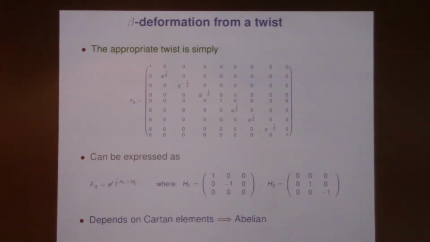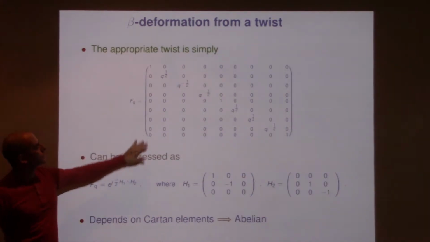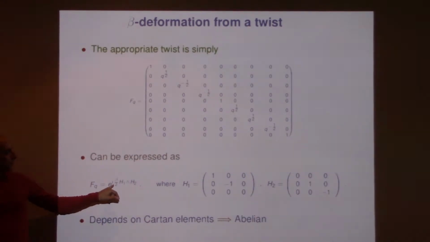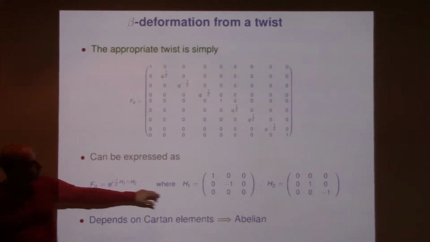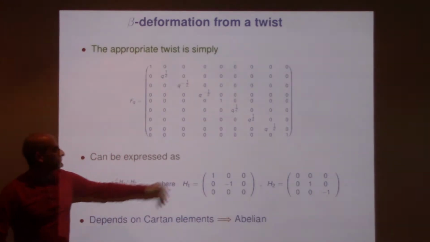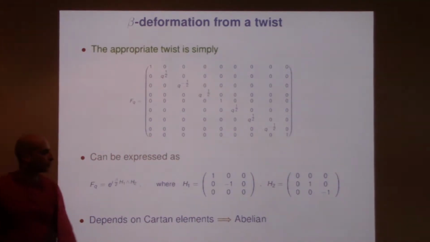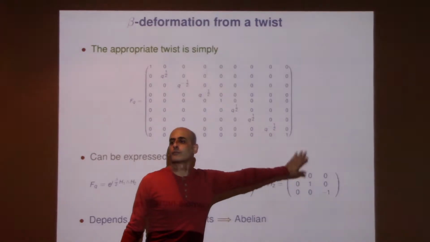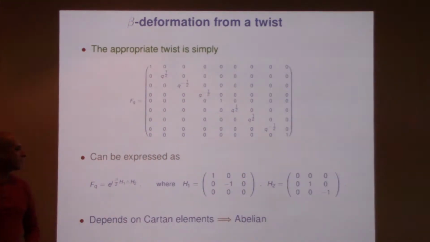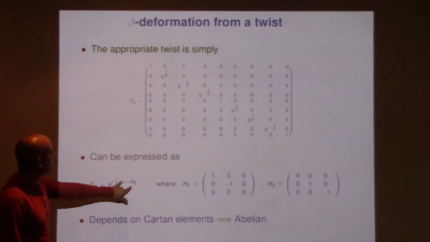And you can get the twist that gives you that, and express it very simply as an exponential of Cartan elements of SU3. These are the two Cartans of SU3. In some choice of them, you could have written this in terms of the eighth Gell-Mann matrix if you wanted. It's a very simple abelian twist, because these are abelian matrices.